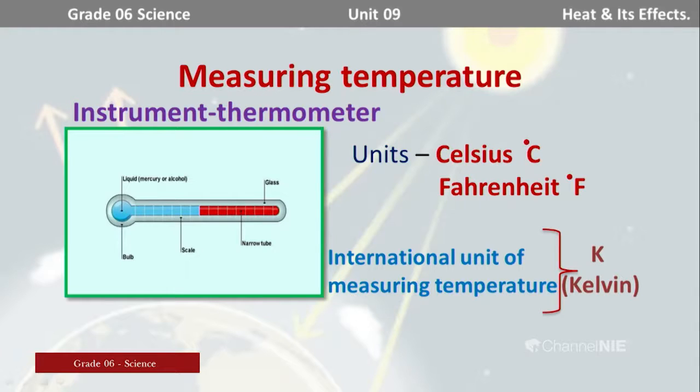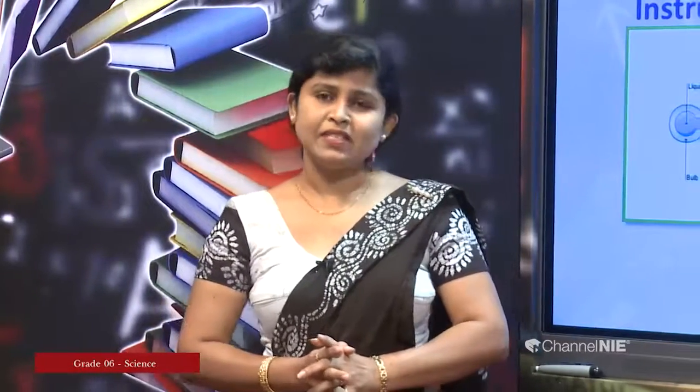The thermometers which contain mercury are called mercury thermometers and the thermometers which contain alcohol are called alcohol thermometers. Okay children, now I have got two types of thermometers to show you, right? You may have seen these thermometers in the lab and you may have used them in school.